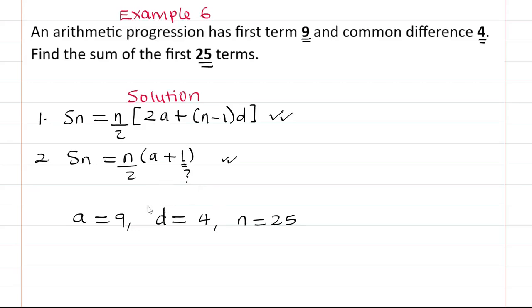The last term has the same formula as finding the nth term. Remember the formula for getting the nth term was that un equals a plus (n minus 1) times d. So what we need to get here is the nth term, and our position of interest is 25.